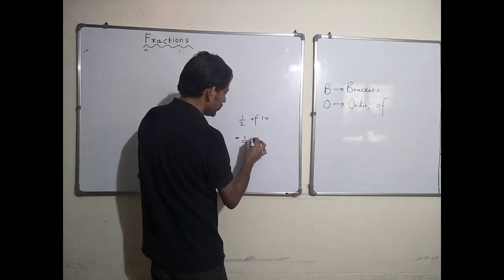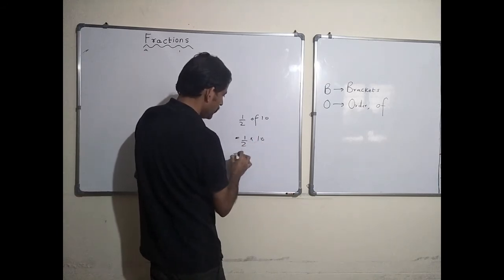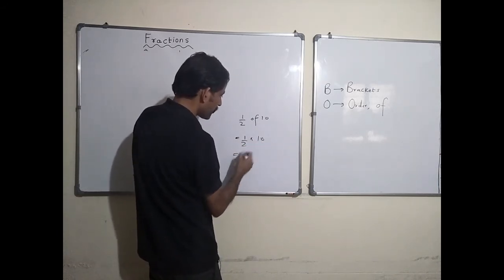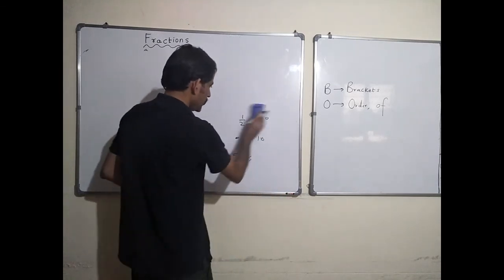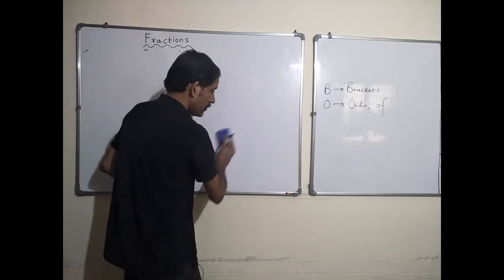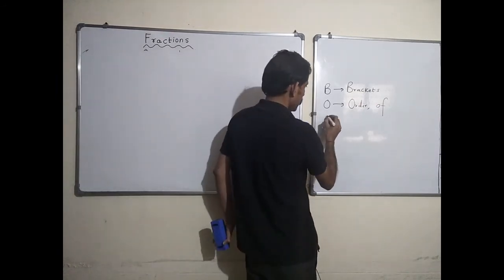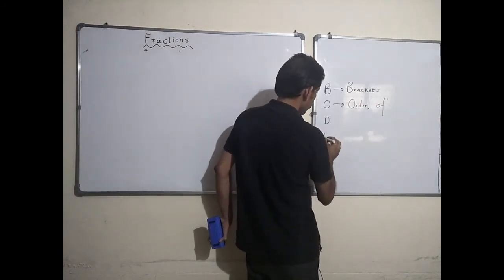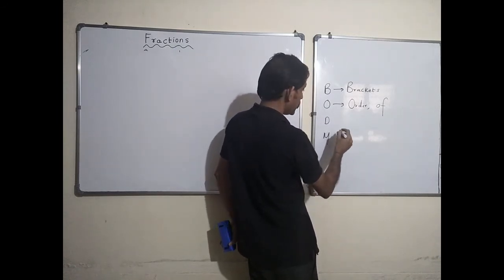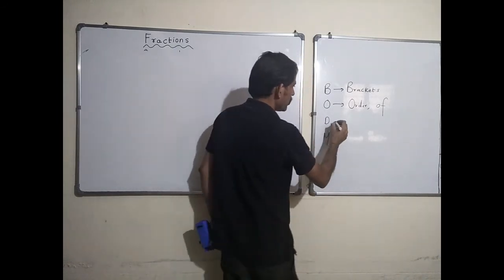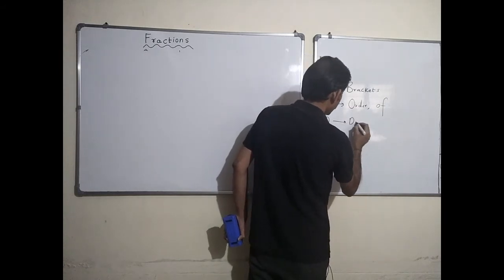Half of 10 is nothing but 10 multiplied by a half, so it is 5. It is as good as multiplying, but it has a higher priority than the multiplication in BODMAS. So 'of' has more priority than the M, which stands for multiplication. We will come to it in a bit.